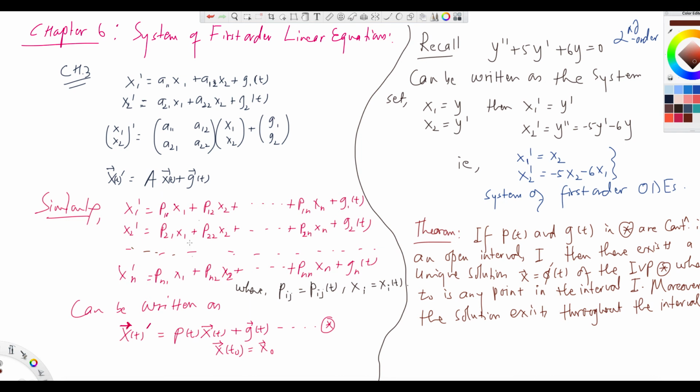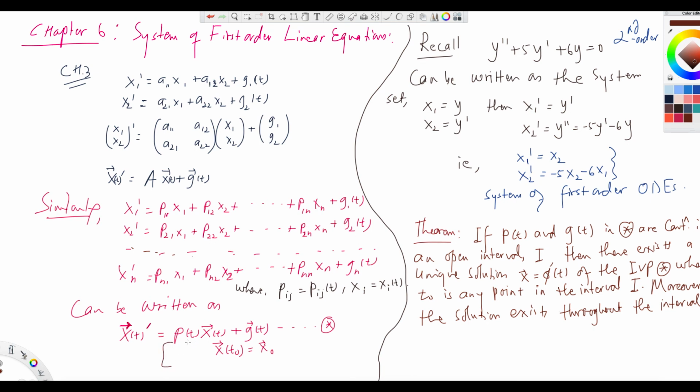So this whole system can be written as x'(t) equals P(t) x(t) plus G(t), where vector x is x1, x2, x3, x4, x5 like that. What is P? P is the matrix with rows p11, p12, up to p1n, then p21, p22, up to p2n, and so on, and the last row is pn1, pn2, and so on.